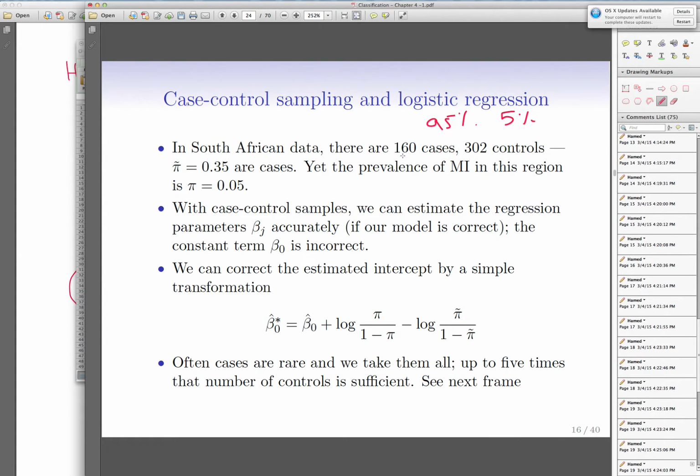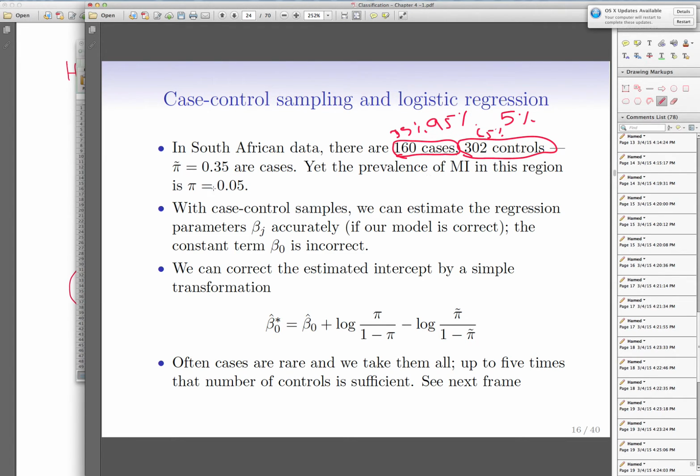But in that data set, we had 160 cases of heart attack, 302 controls. That means 302 people didn't have, 160 people did. So in a sense, the ratio of heart attack, no heart attack was around 35% to 65% instead of 5% to 95%.